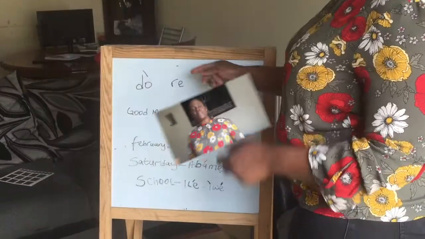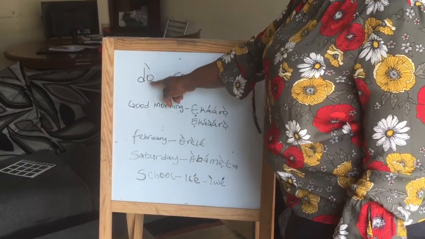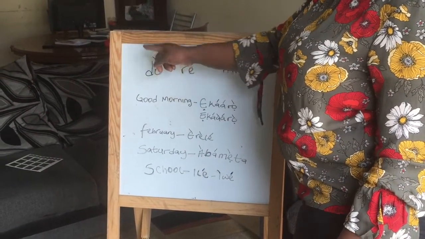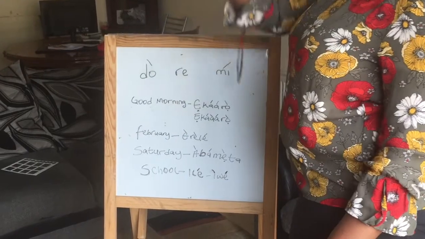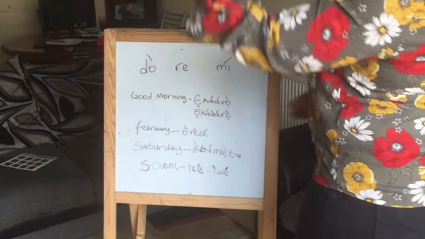It's like the musical thing, do, re, mi, do, re, mi. Do is for a lower tone, re is for the middle pitch, and mi is the upper pitch. Do is like this. When you're doing the mark do, it slants down from the left hand side.